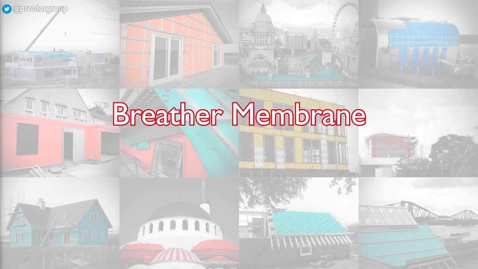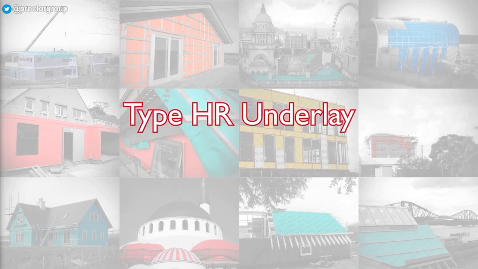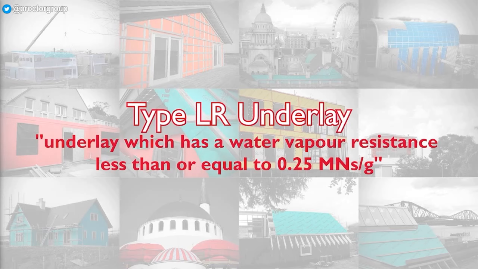Breather membrane: membrane with a vapour resistance of less than or equal to 0.6 meganewton per gram. Type HR underlay: underlay which has a vapour resistance greater than 0.25 meganewton per gram. Type LR underlay: underlay which has a water vapour resistance less than or equal to 0.25 meganewton per gram.